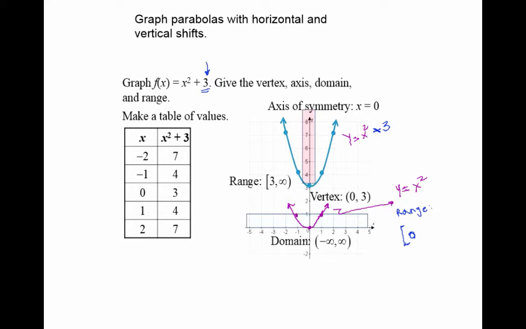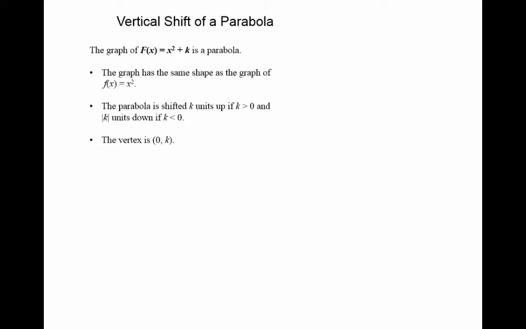Because we're not shifting the graph, the vertex is right at the origin, so the range is [0, infinity). But if I shift this up, the range would be from 3 up. But the domain would be the same for both of them. As for the axis of symmetry, it is a line that goes through the vertex, which would be the same, x is equal to 0.